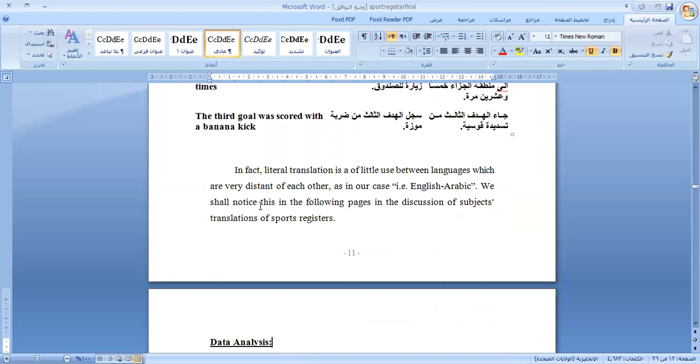If we render this sentence literally, سجل الهدف الثالث من ضربة موزة.